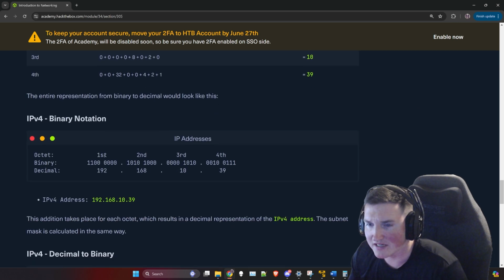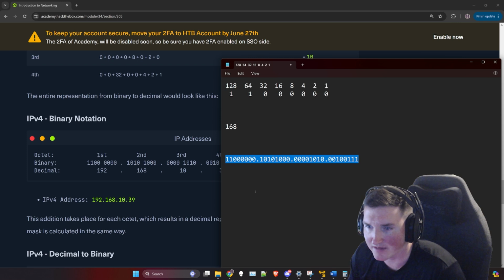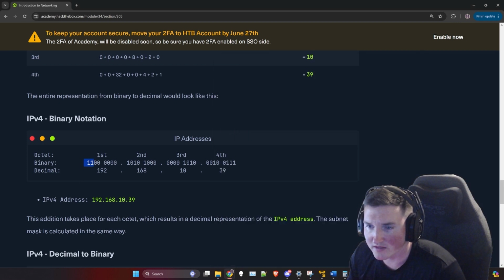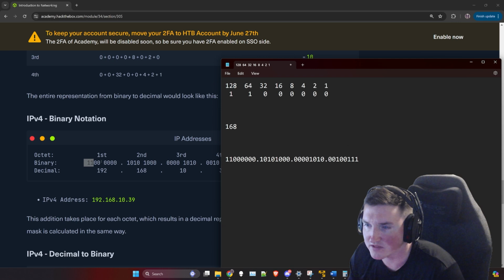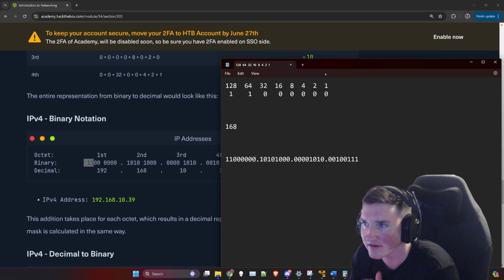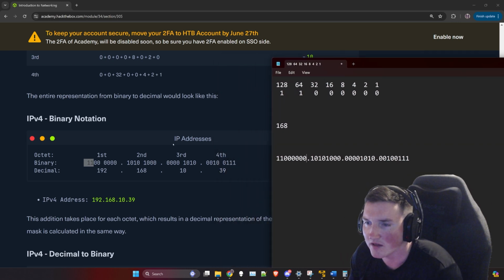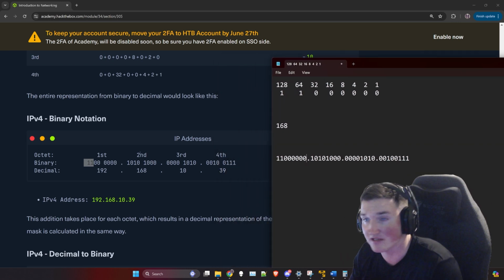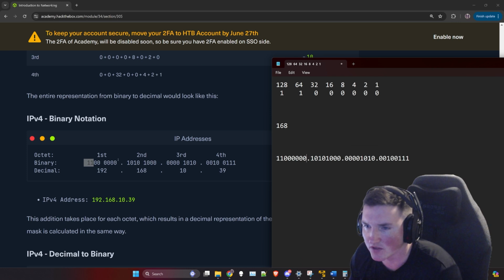So you can see here, let's make sure we add up here. So we've got 1, 1, 0, 0. All zeros, right? Now they separate theirs into the 4, but really it's 8, 8, 8, 8. That's why you get 24. That's why you get like a /24 network. Okay, so you can see we have 1, 0, 1, 0, 1, 1, 0, 1, 0, 1.